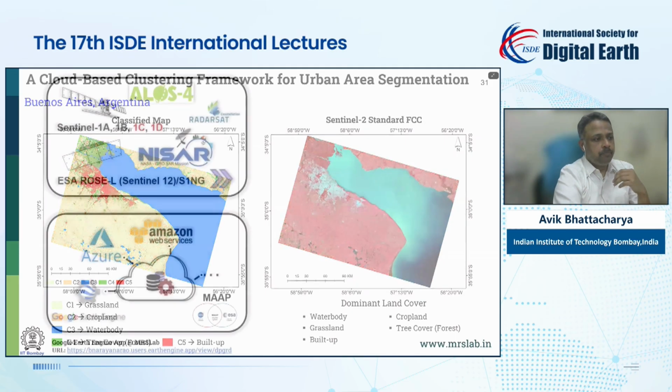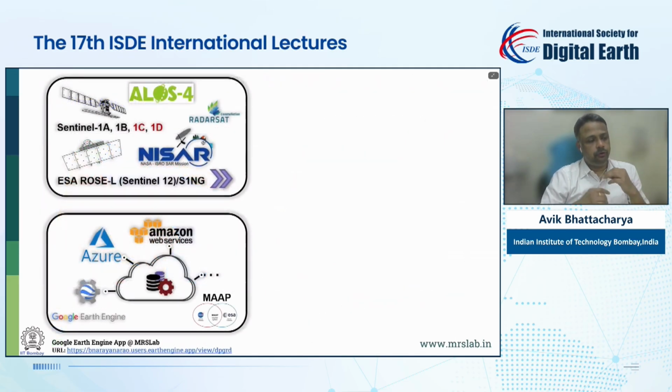So before concluding, the idea is that utilization of all these parameters is useful for the present and of course the upcoming SAR missions which are coming up. Some of them are already there, some of them are coming up. It's an exciting phase in which all these parameters could be utilized.